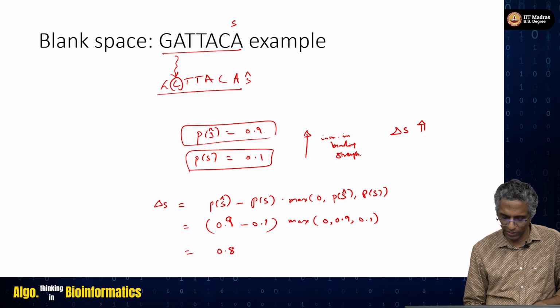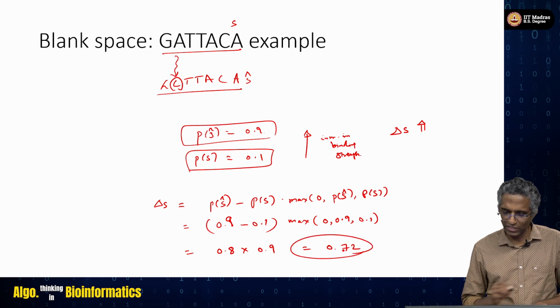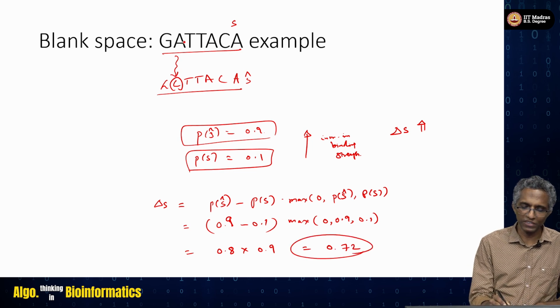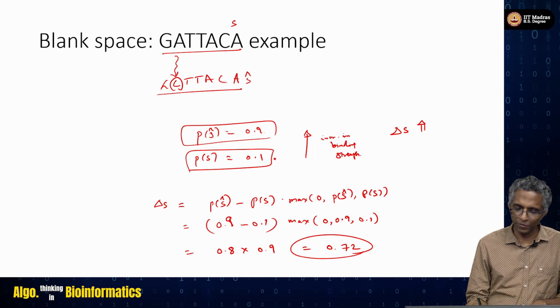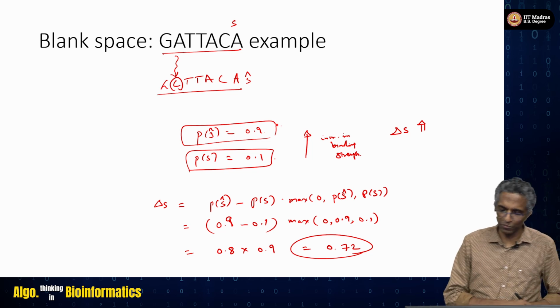So, that is 0.8 into 0.9, which is 0.72. So, 0.72 is the value of changing GA to GC here, when GA had 0.1 and there is an increase in probability to 0.9.